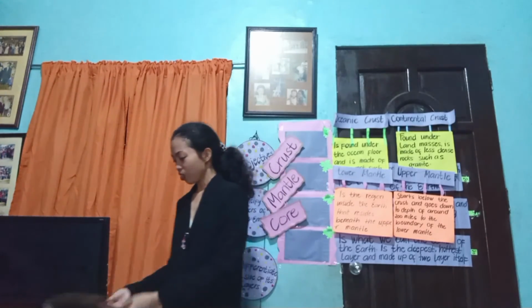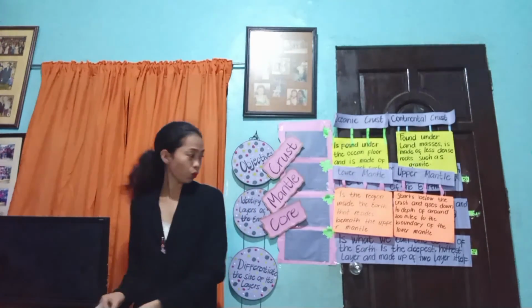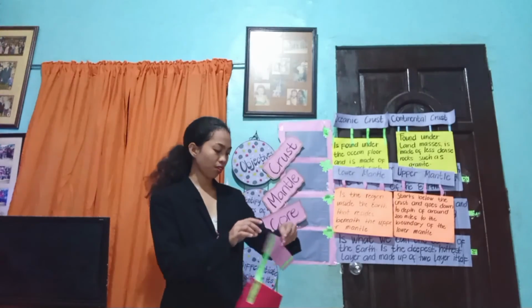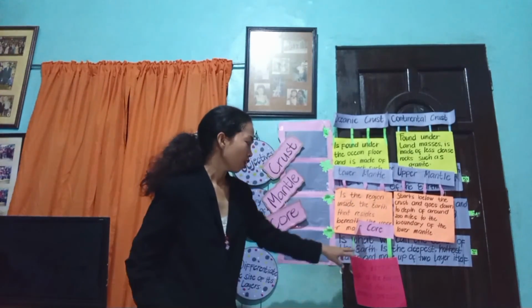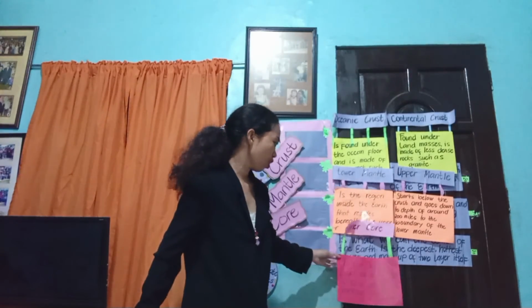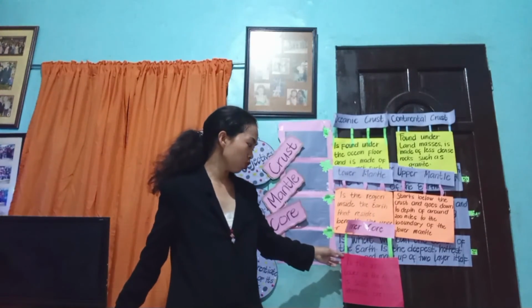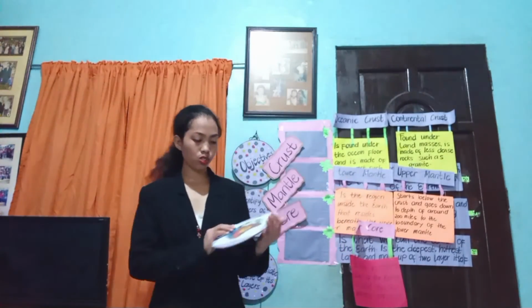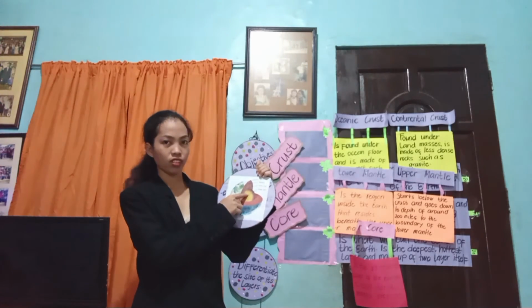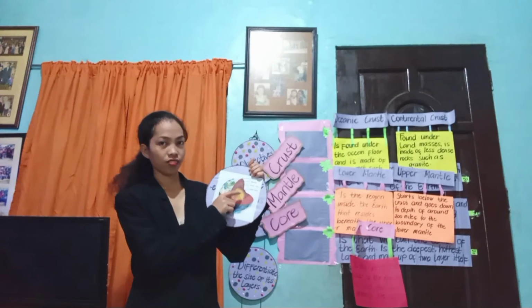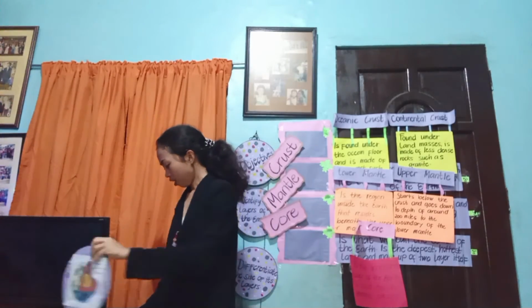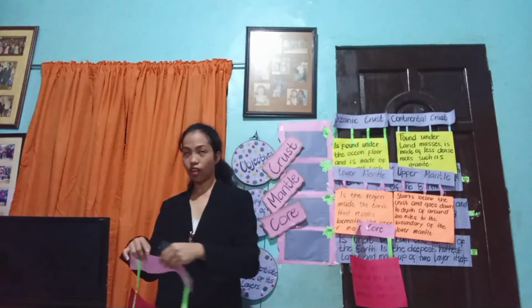Since the core has two layers itself, the first layer is the inner core. It is the innermost layer of the Earth and is solid due to immense pressure. This one, the inner core, is solid. And the last part is the outer core.